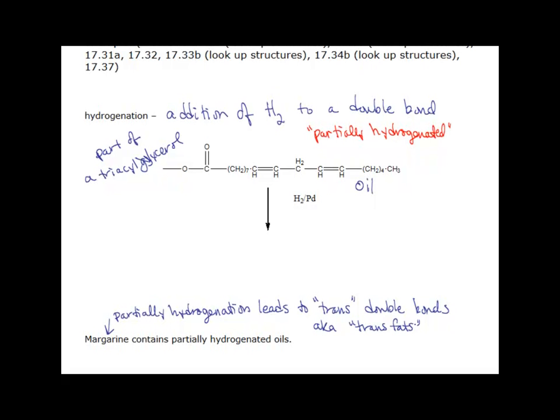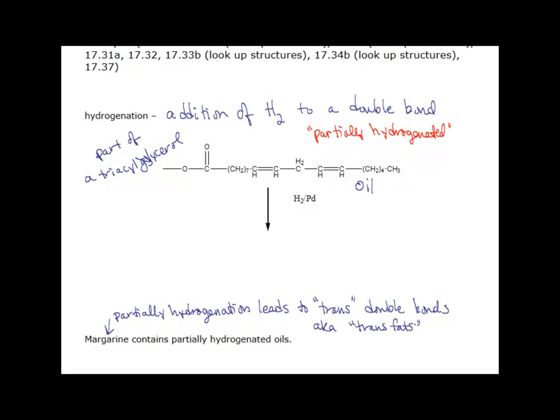The problem with trans fats is your body doesn't know how to deal with trans. It knows how to deal with cis, but not trans. So trans, just like saturated fats, become a dead end, and they just clog your arteries. It's not good to ingest these trans fats.